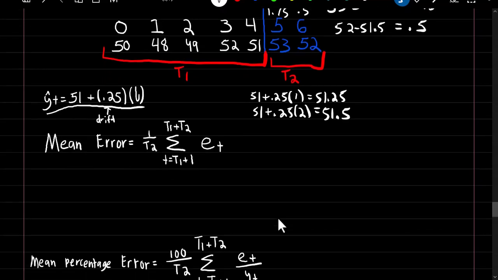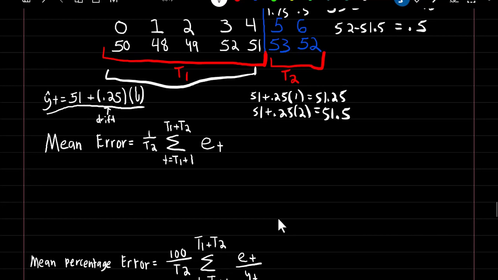Now one metric we can use besides mean squared error is the mean error. The mean error is just going to be the average of our residuals. So the summation from t equal to T1 plus 1, where T1 is our training set, and the plus 1 means we start at our validation set and continue until all the observations.